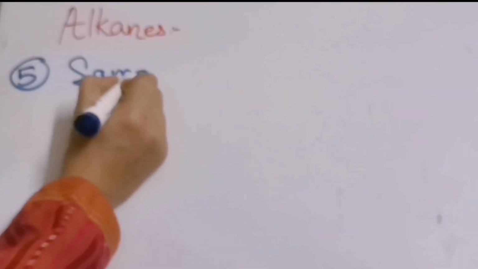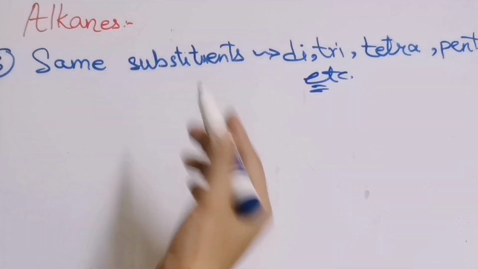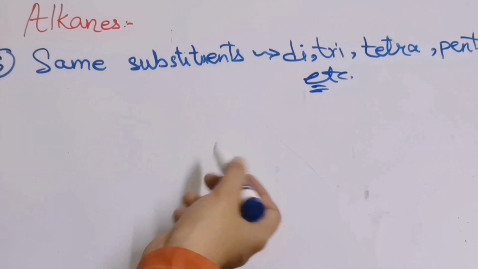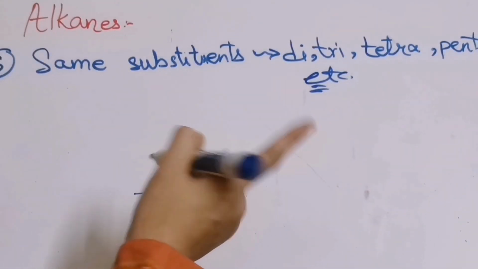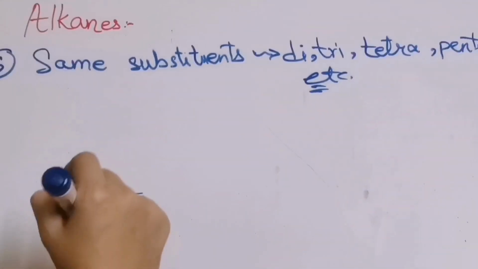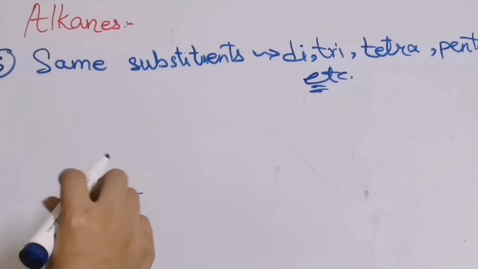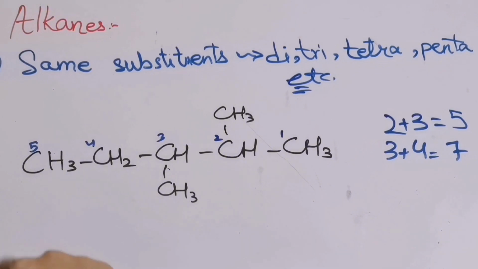Now according to the fifth rule, if we have same substituents present, di represents that there are two same substituents present. Tri means 3 same substituents. Tetra is equal to 4 same and penta is equal to 5 same substituents. Let us see its example. Now see, in this case the same thing is happening as I discussed in the previous example.